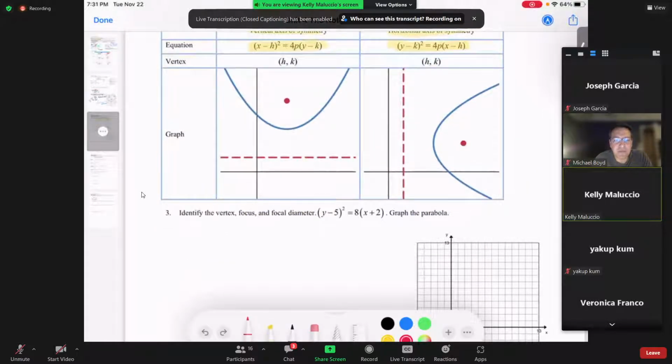And maybe a few things to notice is that this opens either up or down, depending on if the point was down here, and this one opens left or right.